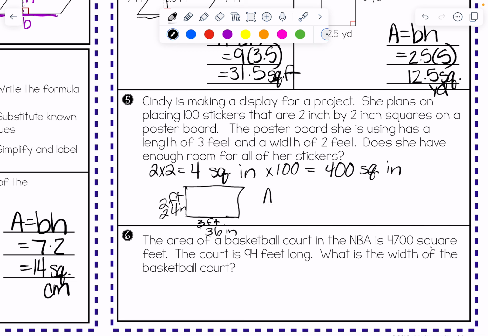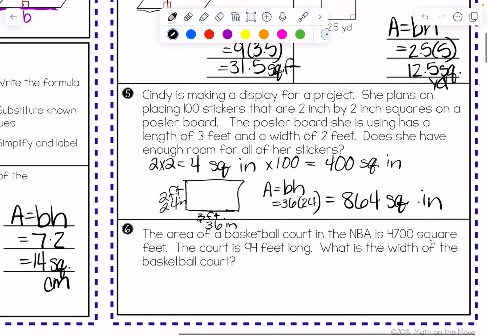So now if we find the area of our poster board, multiply 36 times 24. And we get 864 square inches. So yes, she will have enough room for all of her stickers on there.